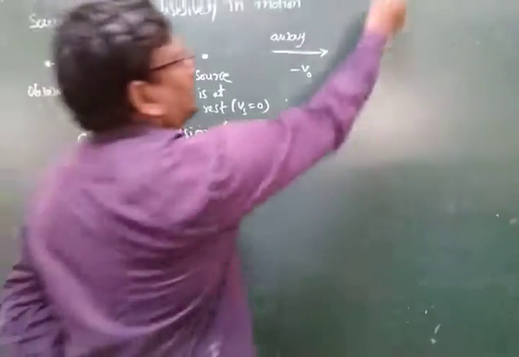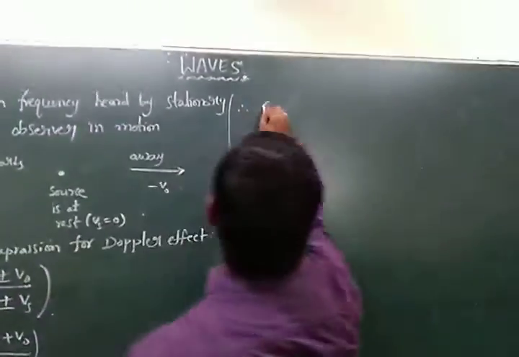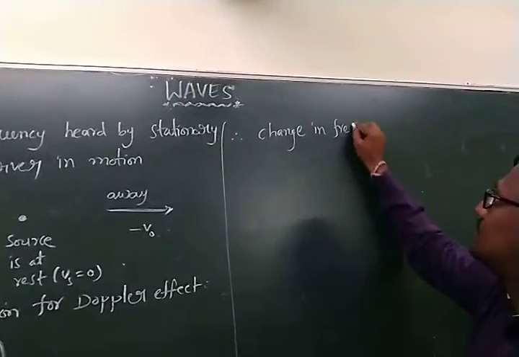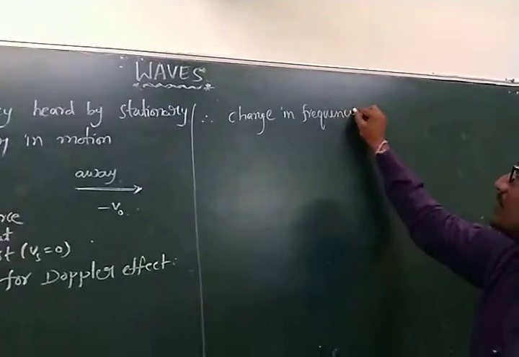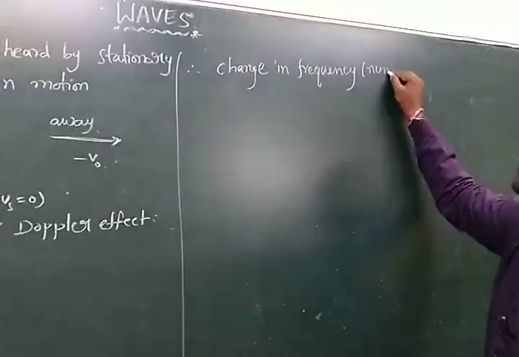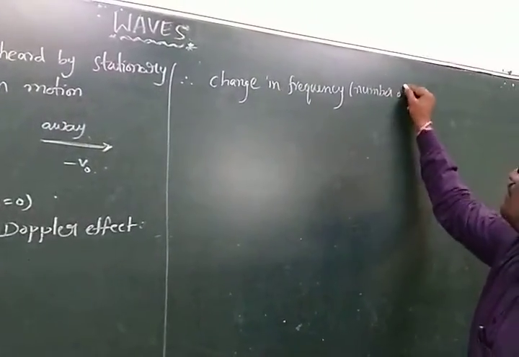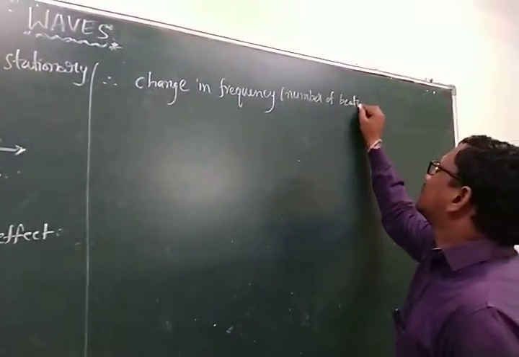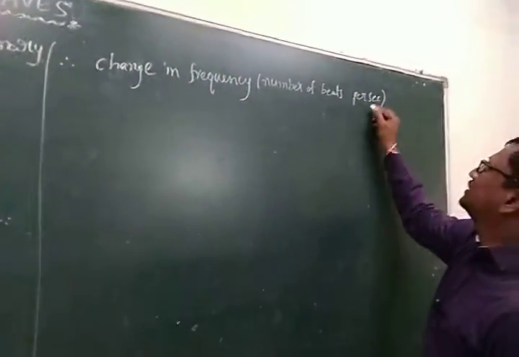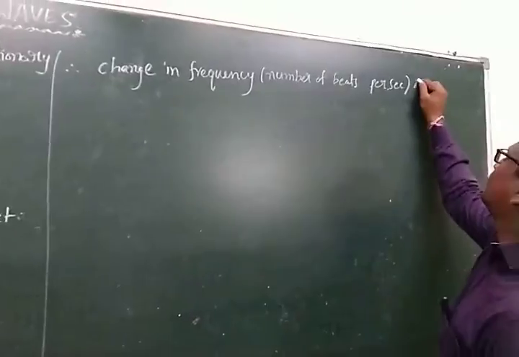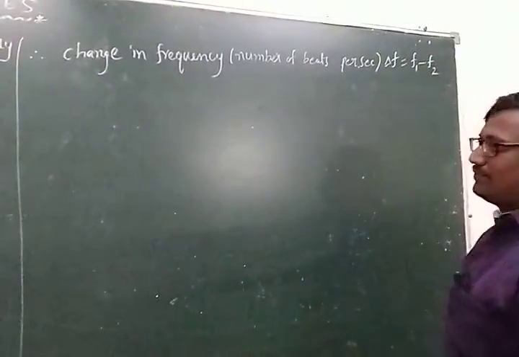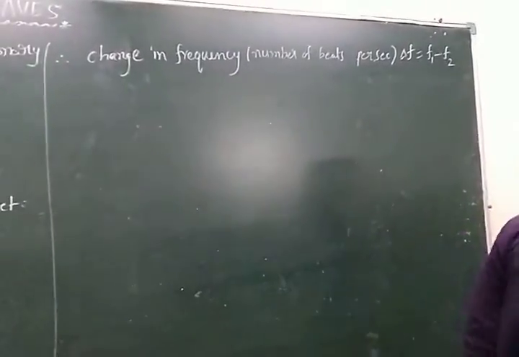Therefore, the change in frequency is also called the number of beats per second. That is delta f is equal to f1 minus f2. Here the f1 and f2 values are there.